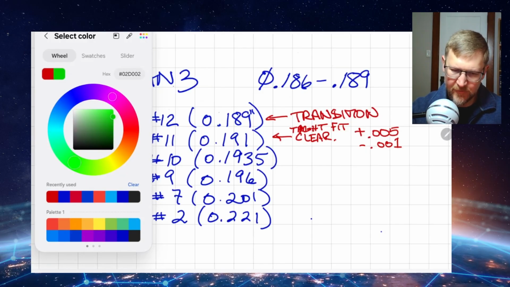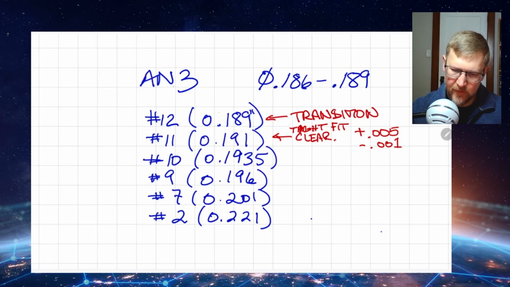So if we keep moving down the line here, we've got a few more thousandths with the number 10 drill bit. So that's getting up there. If we go to 196, this is actually a pretty common size I've seen for a medium kind of clearance fit.